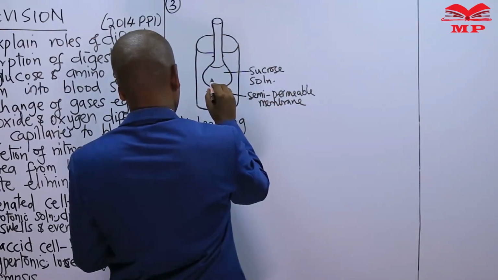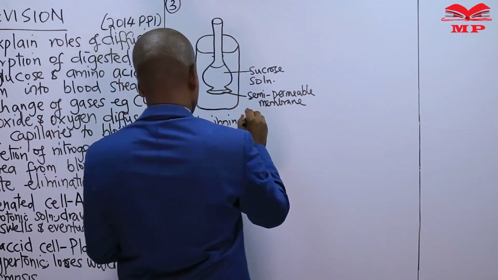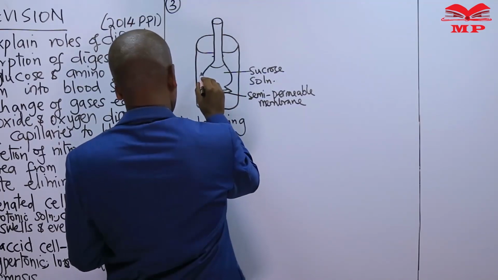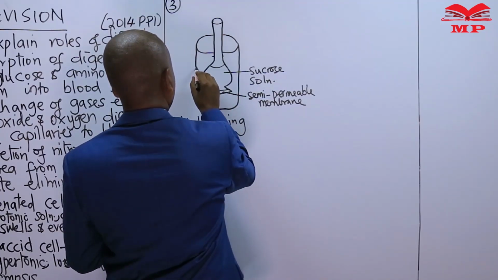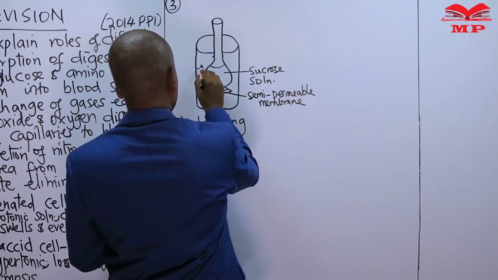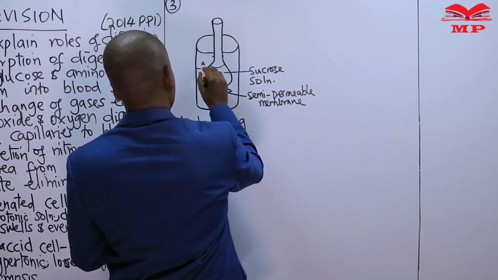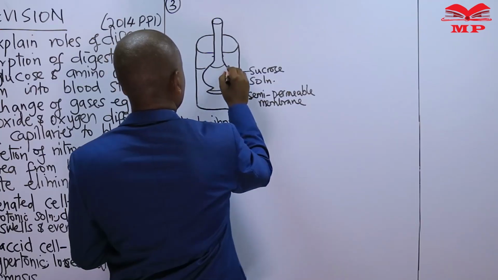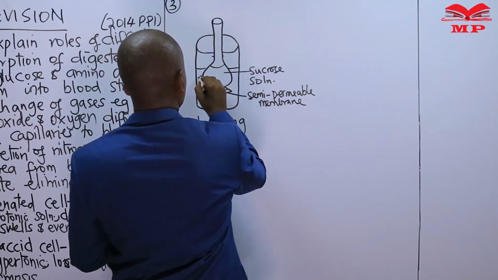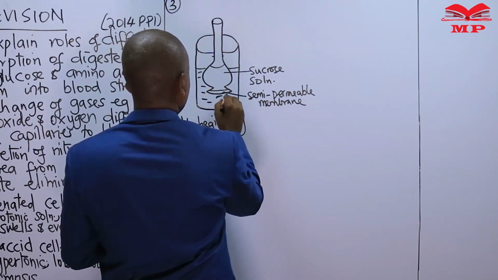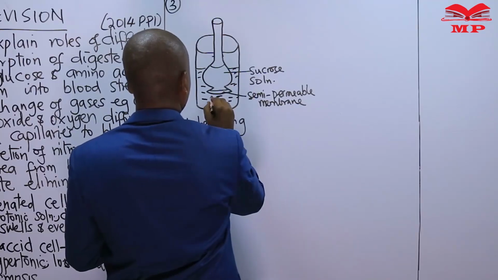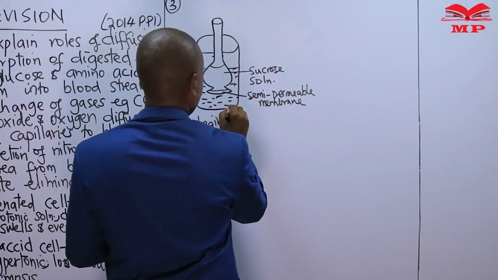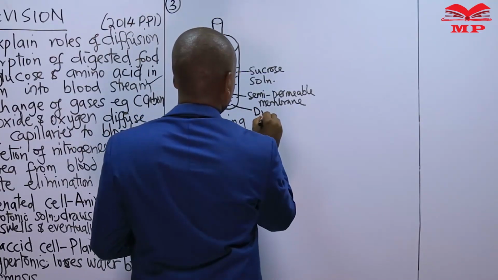And of course we have the level of distilled water. So the distilled water is there. We show it by those marks. So this is distilled water.